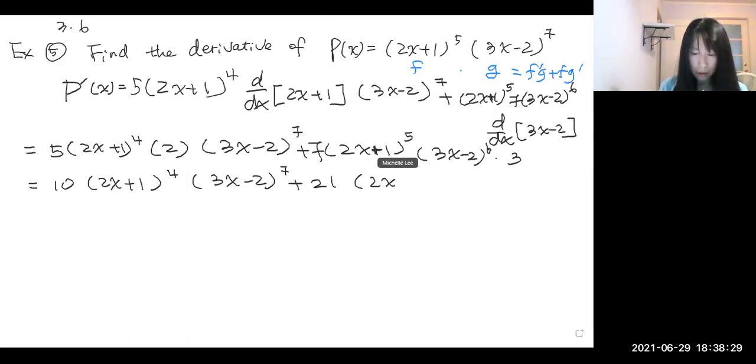So (2x plus 1) to the 5th power and (3x minus 2) to the 6th power. Okay? So let us just leave it like this. Some books indicate factoring out, but all right.